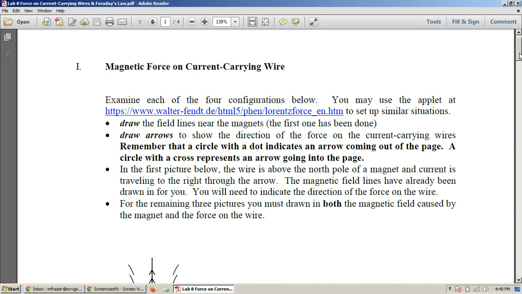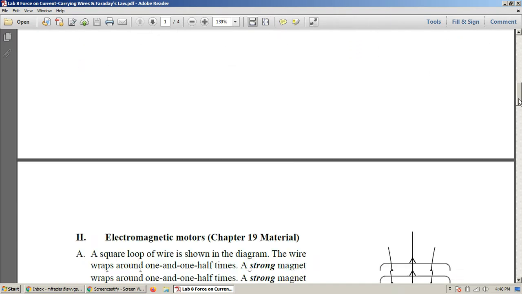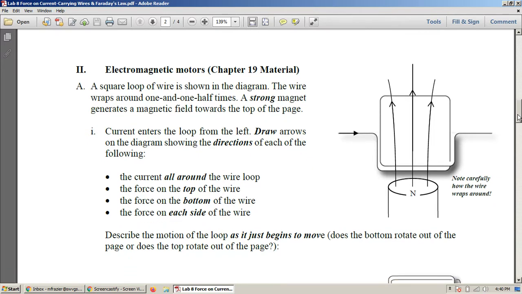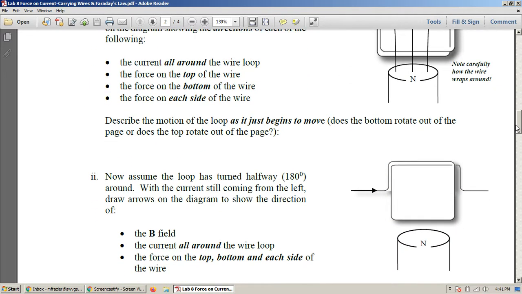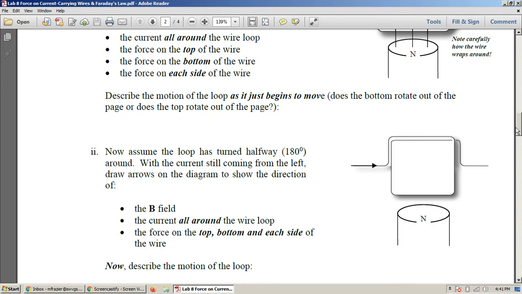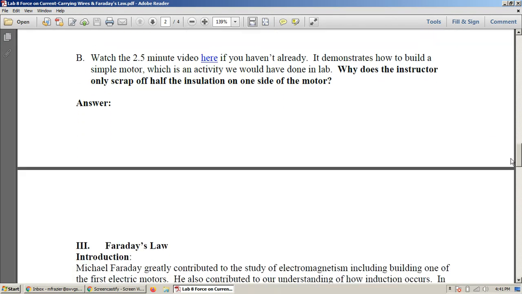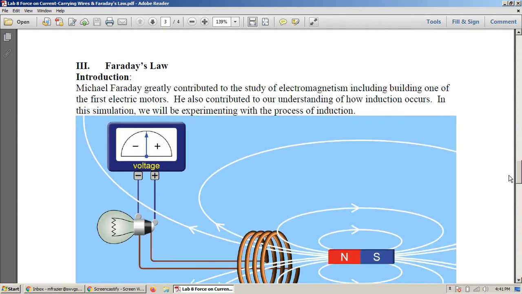We've got several parts of this that we want to look at. What we're doing is applying some of the things that we talked about in earlier lectures to specific situations, basically to investigate how motors and generators work.